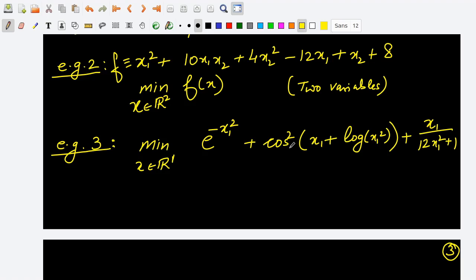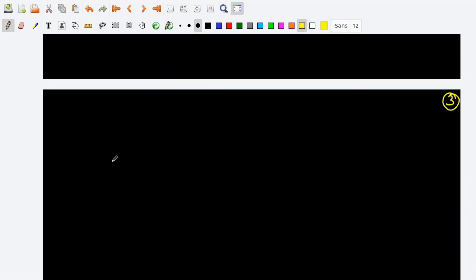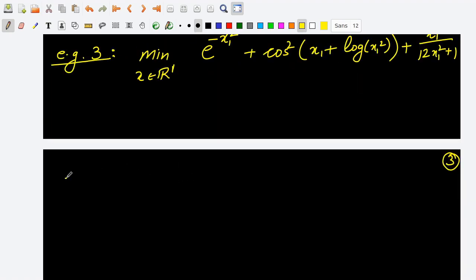Okay, let's look at a couple more examples to see how these nonlinear functions could look. So let me write an example 4. Again, a problem in one variable.